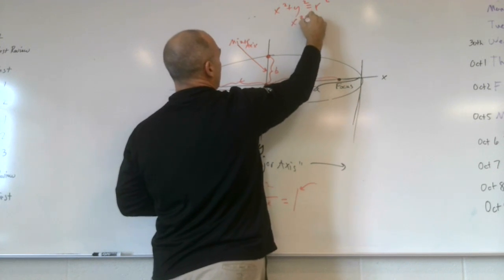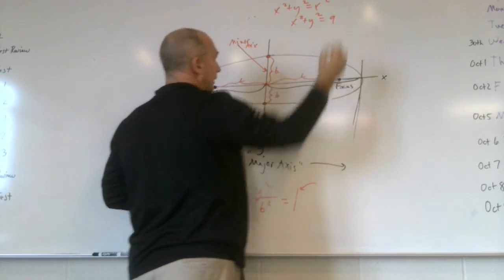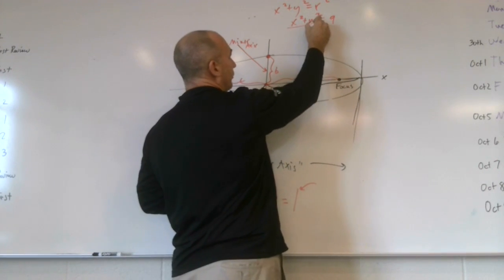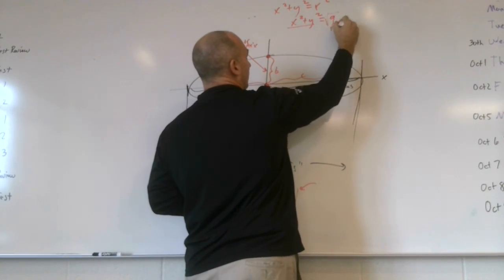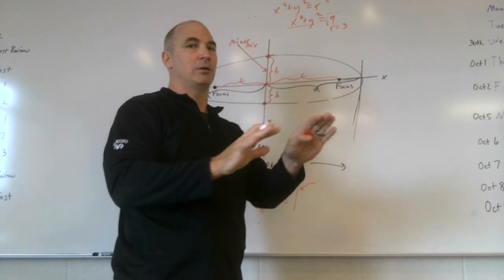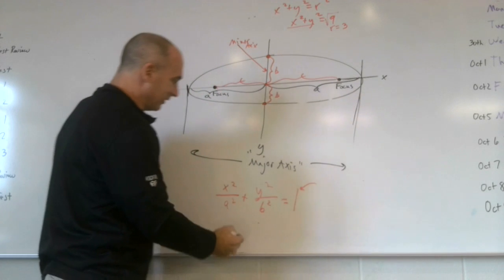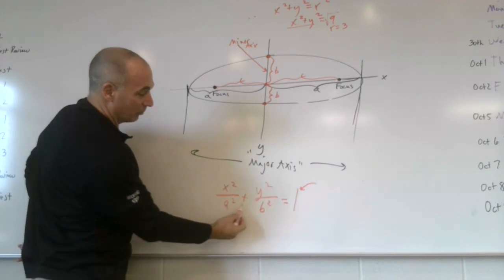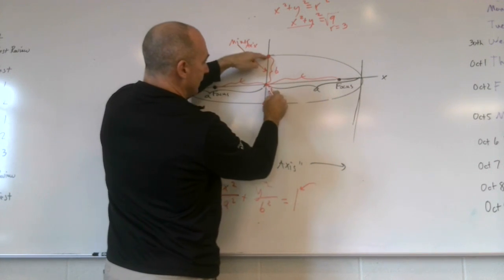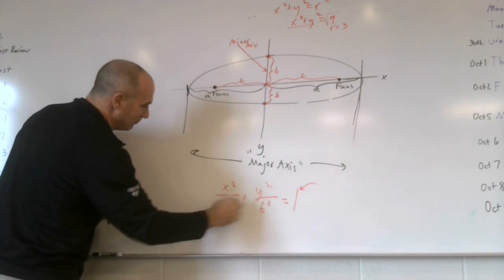So for example, x squared plus y squared equals 9 would be a circle with center 0, 0, radius 3. Now, these are similar, but different. Because as you can see, A is going to be different than B, because A is bigger than B, okay? So we keep that in mind.